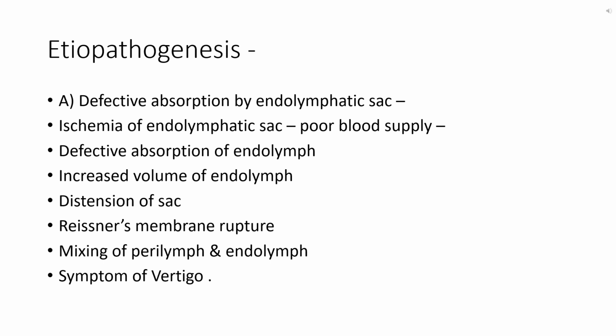If the sac is distended, Reissner's membrane, a membrane present in the inner ear, will rupture, and after the rupture there will be mixing of perilymph and endolymph. Whenever perilymph and endolymph get mixed together, that will lead to electrolyte disturbance, which will produce the symptoms of vertigo. So this is the most accepted mechanism for the etiopathogenesis of Meniere's disease.